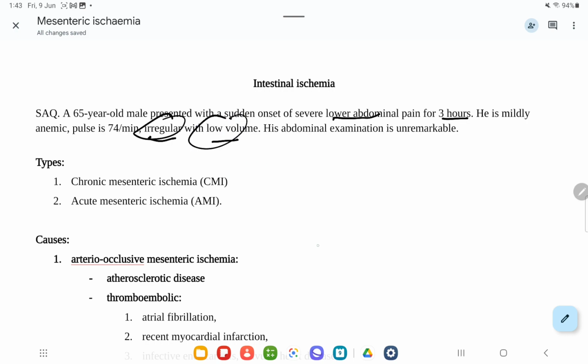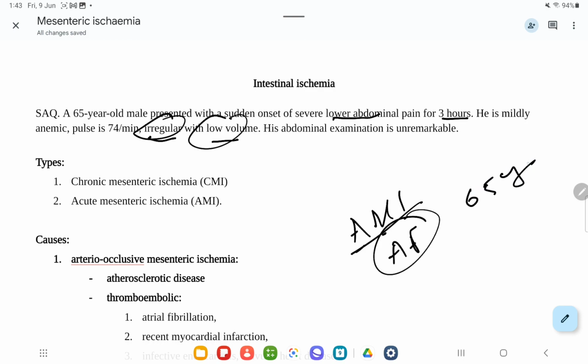So it is the diagnosis of AMI, that is acute mesenteric infarction, due to atrial fibrillation in a 65-year-old patient. So in this patient, the primary problem is atrial fibrillation, and due to this atrial fibrillation there is thrombosis and embolism involving the mesenteric vessels, causing AMI, acute mesenteric infarction.